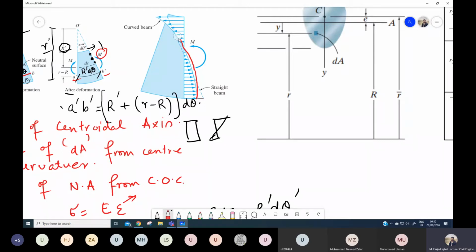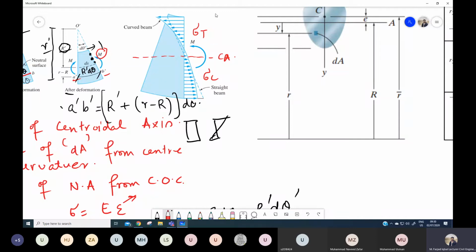So when the stress distribution is curved, we know one thing for sure, that let's say this is the centroidal axis, then maybe there will be one or two cases where the stress at the top is equal to the stress at the bottom, or the stress in tension is equal to the stress in compression.